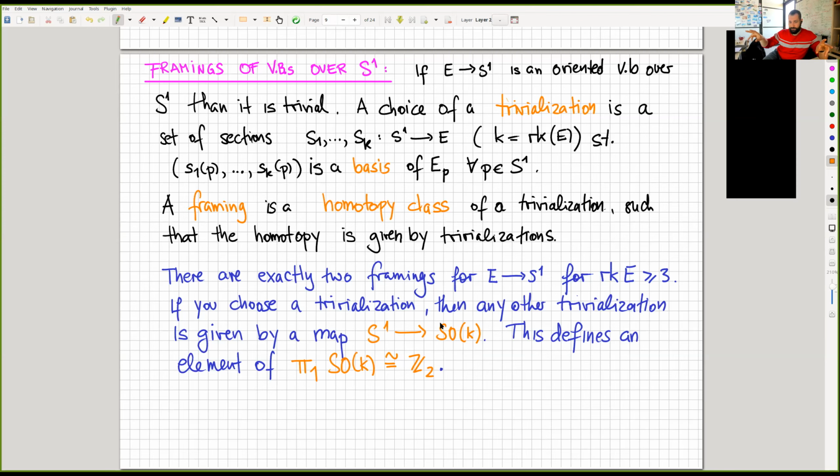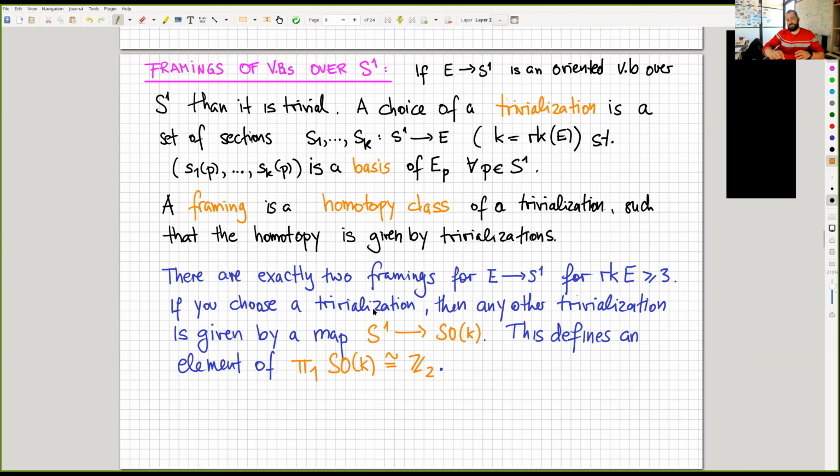If you have two of them, they will differ by such a map, because you can go over every fiber. You have two orthogonal frames, and they must differ by an element of SOK, right? So in that way, you get a continuous smooth map from S1 to SOK, and this defines an element of pi1 SOK.